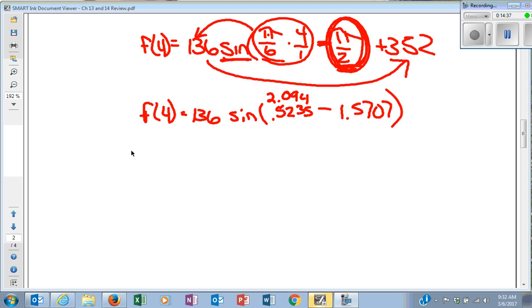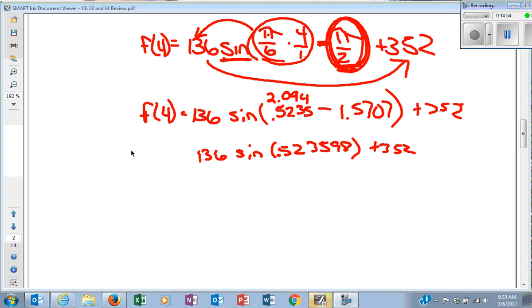Then if you hit enter in your calculator again, you should finally get 136 sine of 0.5235 plus 352. Make sure you're in radians, so you have to hit mode radians, you hit the sine button, you should get 0.5. So it should be 136 times 0.5 plus 352.